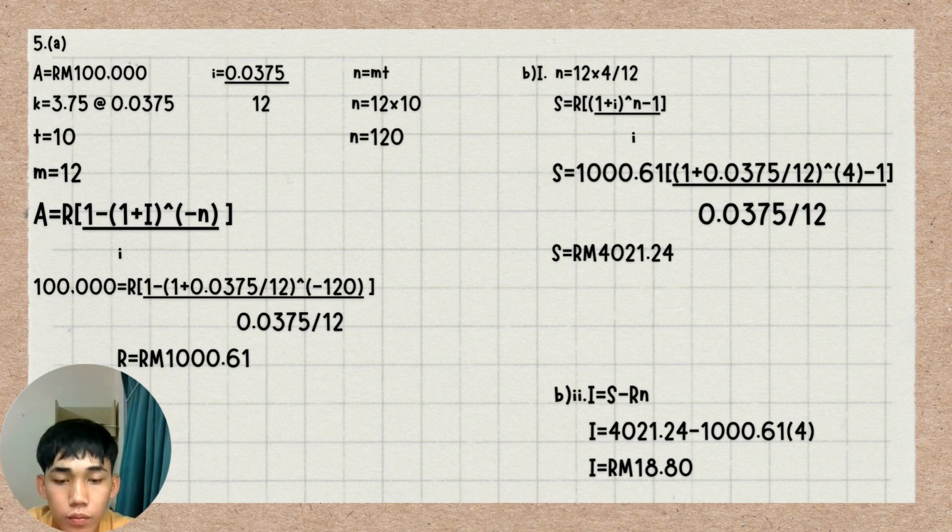Then let's move to Roman 2. The formula we can use to solve this question is I equal to S minus Rn. After that, we just put in the value of S that we solved in 5B Roman 1 just now, and the value of R that we solved at 5A just now.